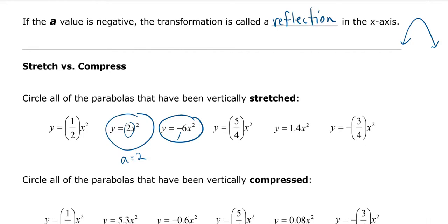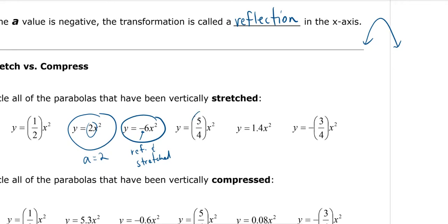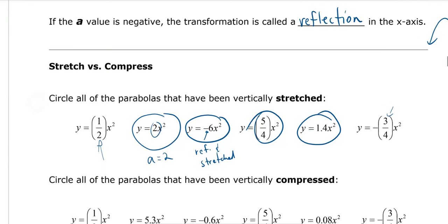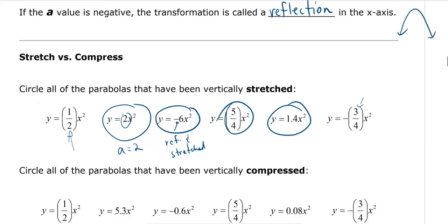The negative sign also just means it's been reflected, so reflected and stretched. 5 over 4 is a value bigger than 1, so this parabola has been stretched as well. 1.4 is a value bigger than 1, so this is also stretched. Whether you have fractions or decimals, it still counts too. 3 over 4 is 0.75, that's smaller. 1 over 2 is 0.5, so that's not quite bigger than 1, so those are not stretched.